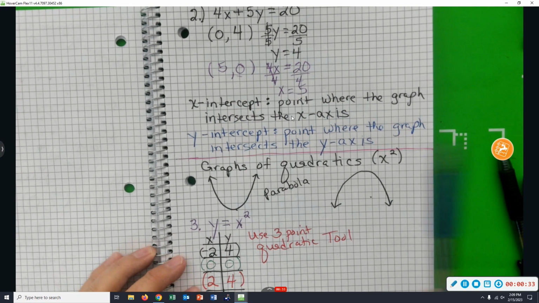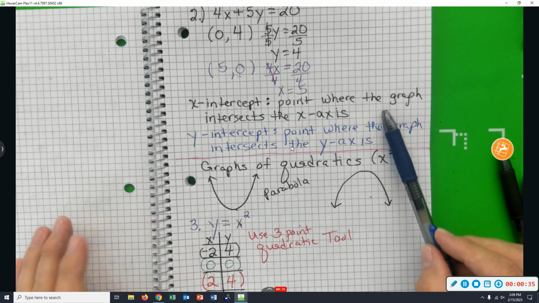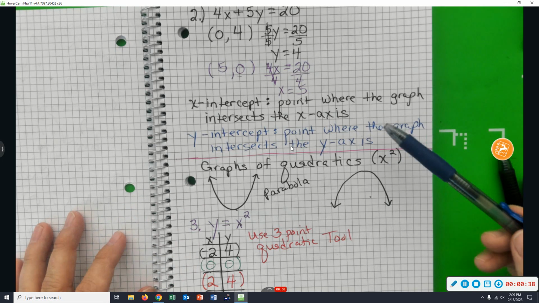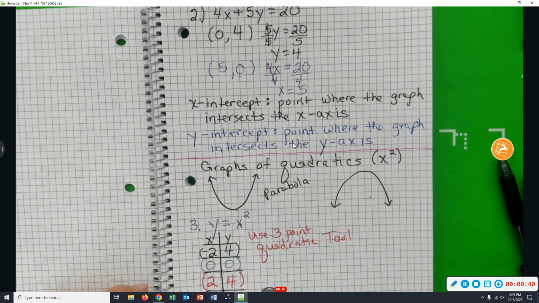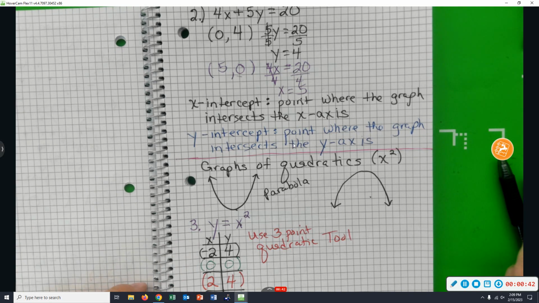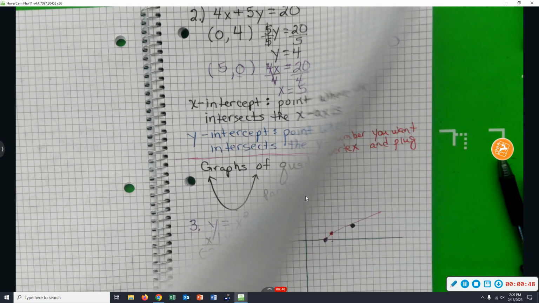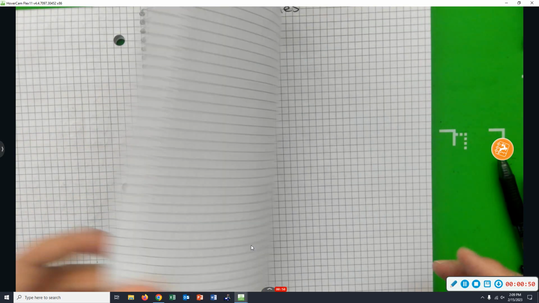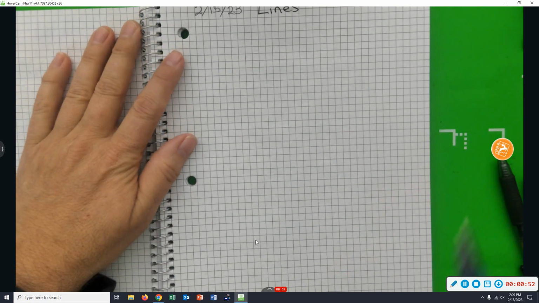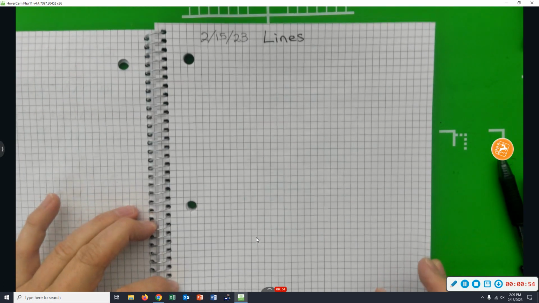And we defined the x-intercept as a point where the graph intersects the x-axis, the y-intercept as the point where the graph intersects the y-axis, and we graphed a lot more quadratics. But today we're only looking at lines.